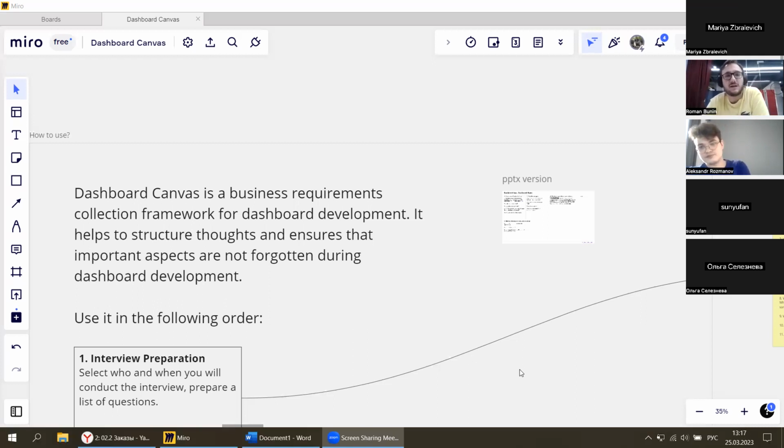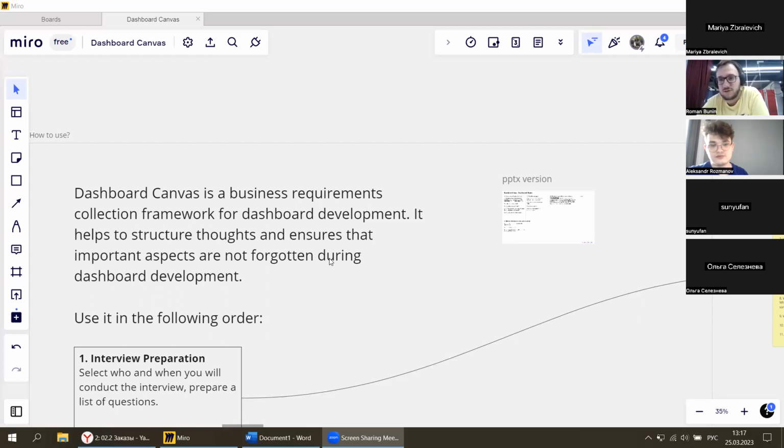But it's really the case of business. And usually in a business environment, we have internal customers, business users, who have some issues or have some task to do, and we as analysts help them to do so.